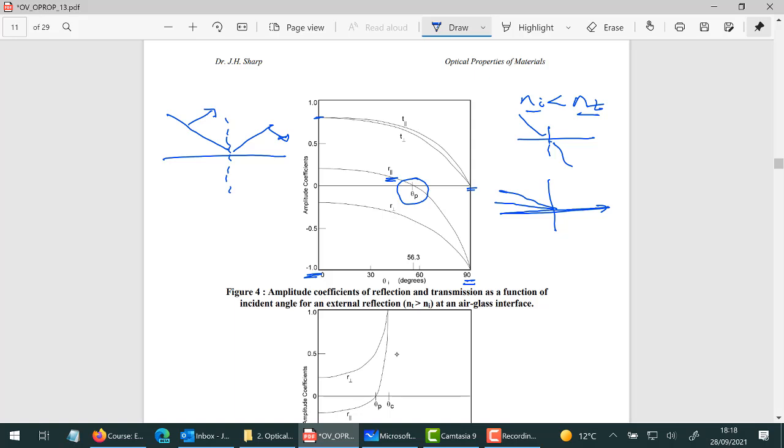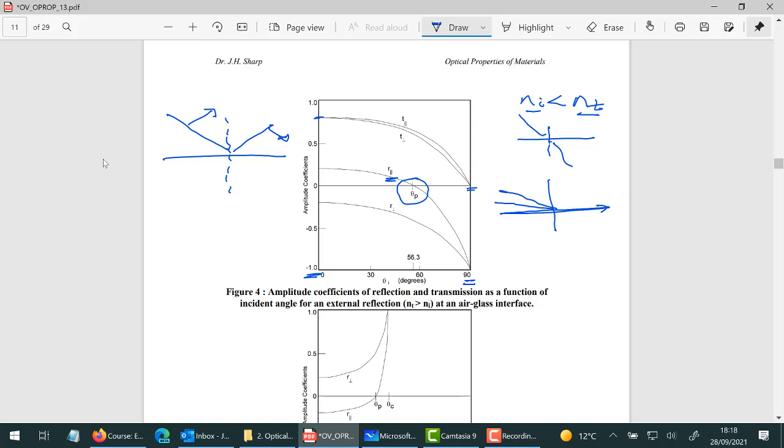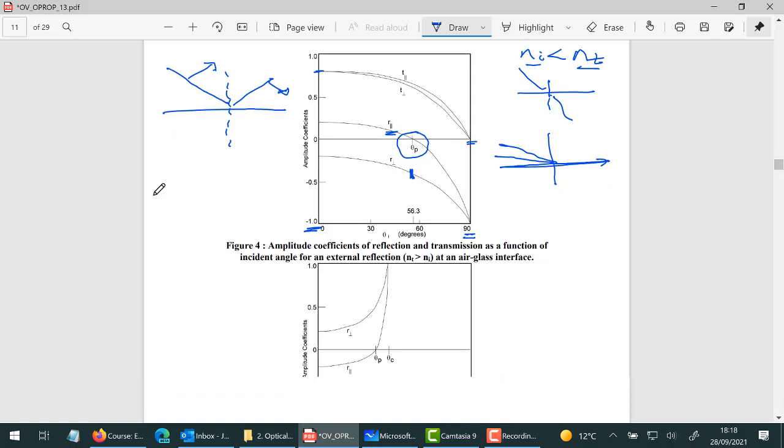But we've also already seen this, and we called it the Brewster's angle. So the amount of light which is reflected, if it's polarized parallel to the plane of incidence, will be 0. And all of the reflected light at this angle will be polarized perpendicular to the plane of incidence.